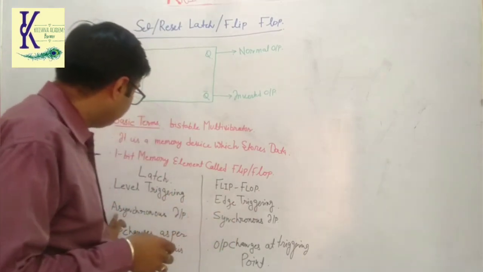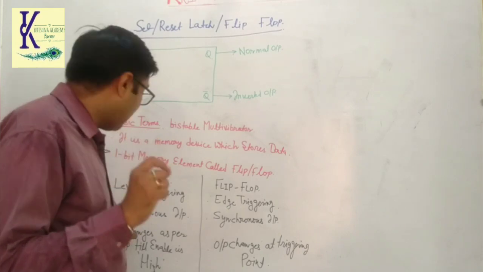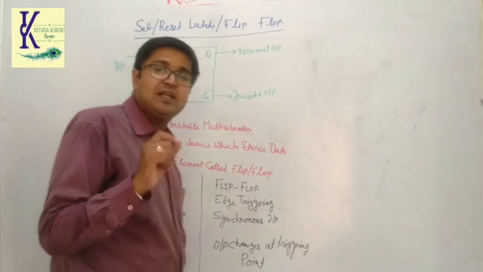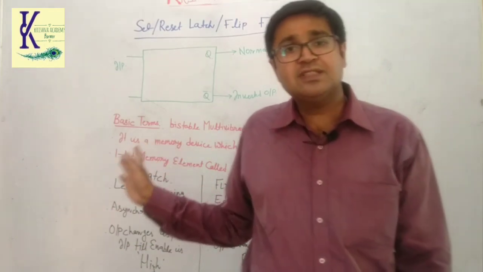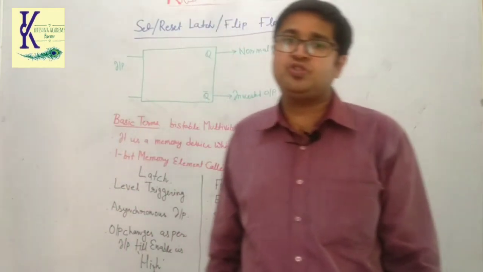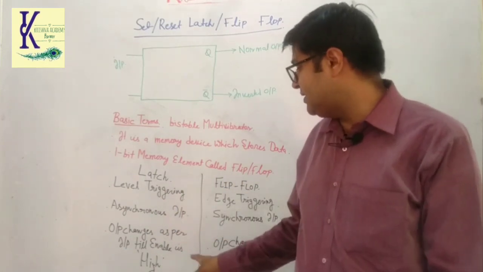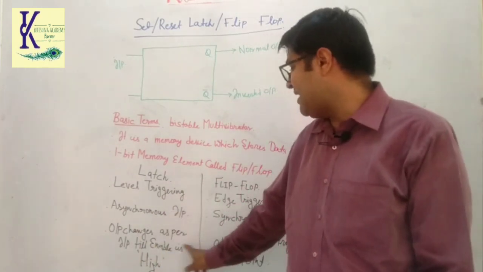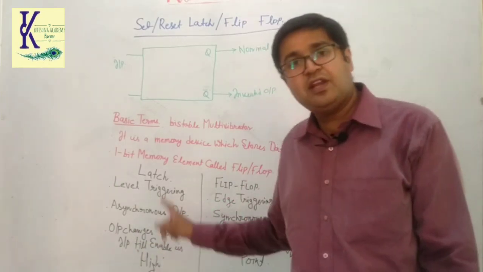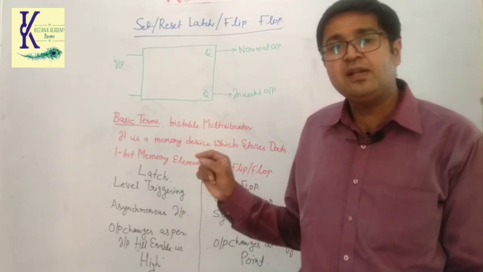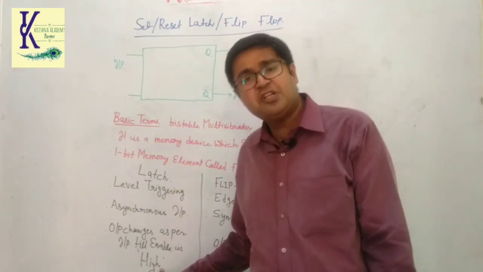The second thing is that the inputs used in latches are asynchronous, whereas in flip-flops synchronous inputs are used to get the information. The third one is that the output changes as per the input till enable is high. Here an extra enable pulse is used, and this enable needs to be high.